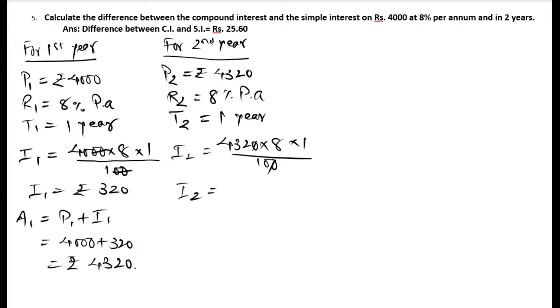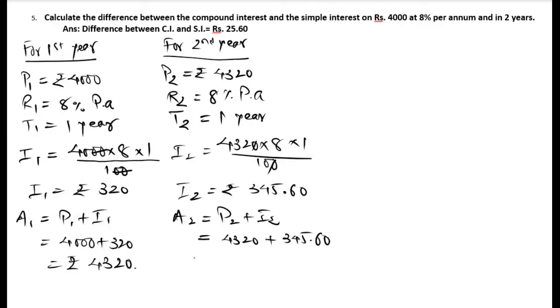345.60 rupees. Now the amount after 2 years will be P2 plus I2, that is 4320 plus 345.60. You need to add this.